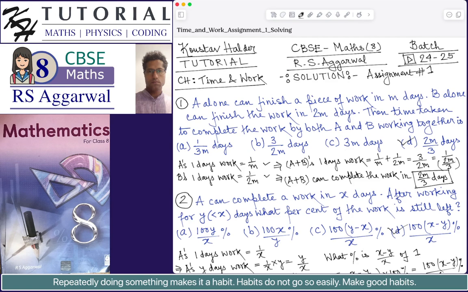The next exercise is 13A. I will solve the selected problems of exercise 13A, which are based on the concepts that we have already discussed, that is, the two general rules of solving problems of time and work. And then we will move on to understanding how we solve problems on pipes and cisterns.